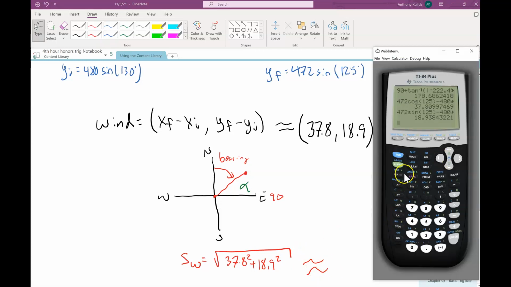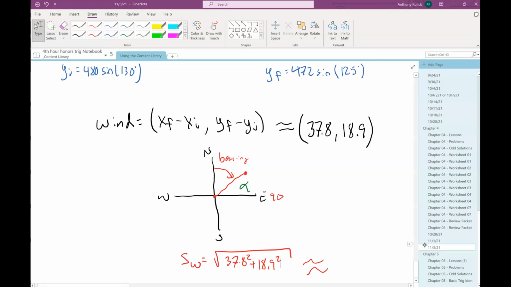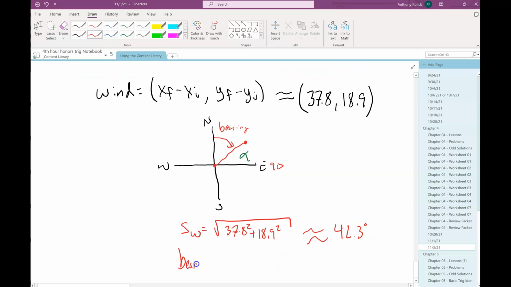And then if I want the bearing, I'm just going to do 90 minus alpha, where my alpha here is going to just be the tan inverse of y over x.